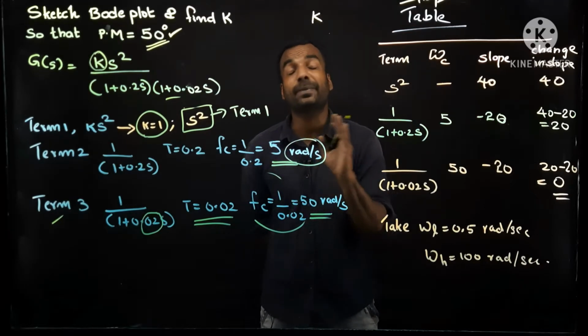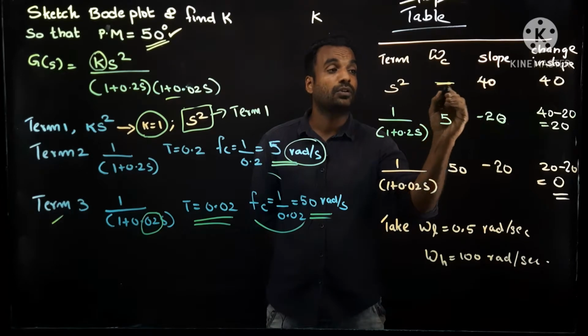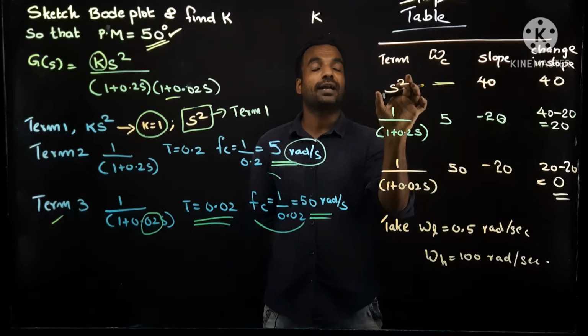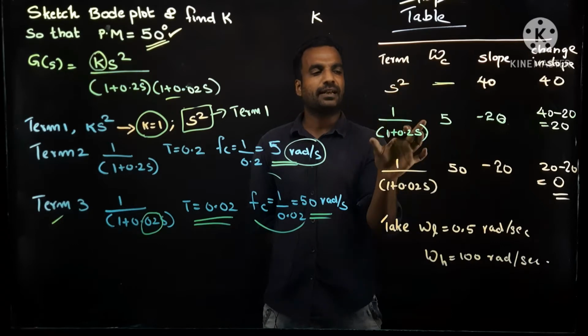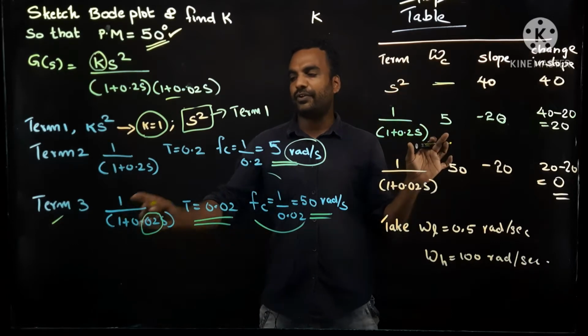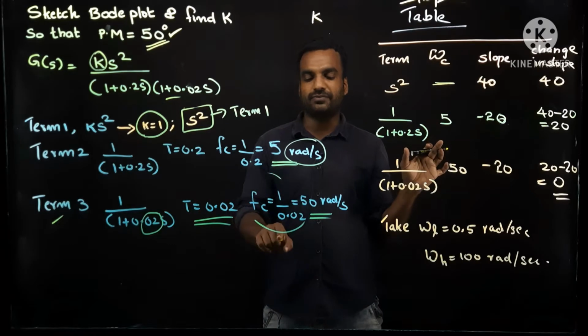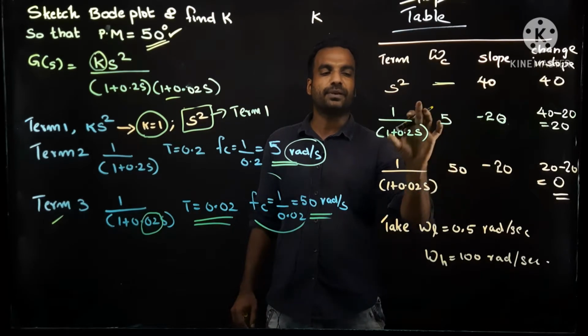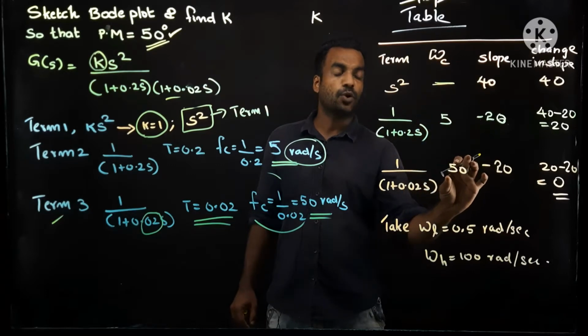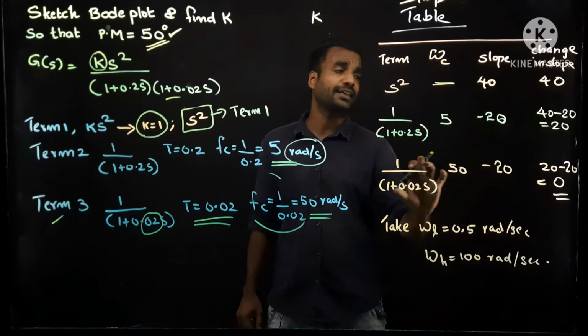Such a term will not have any corner frequency. Corner frequency is not applicable. So that will be the first term, s square. Second term, here we are having 2 corner frequencies, one is 5 and one is 50. Definitely the term with corner frequency 5 should be taken as the second term, and the term with corner frequency 50 should be taken as the third term.